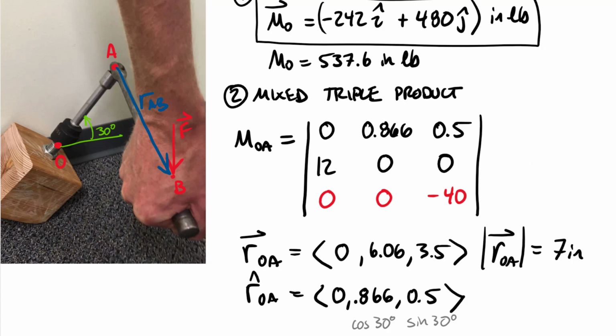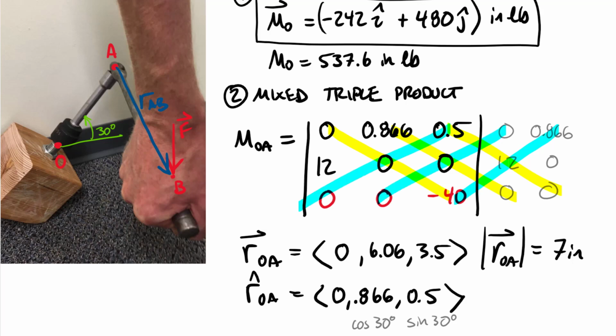I could still compute this the same way by recopying the first two columns: 0, 0.866, 12, 0, 0, 0. Looking at these slants, there's a 0, a 0, a 0. Here's a non-zero coming back this direction, so that one is going to be non-zero, and 0 and 0. Wow, one value that is actually going to be non-zero.